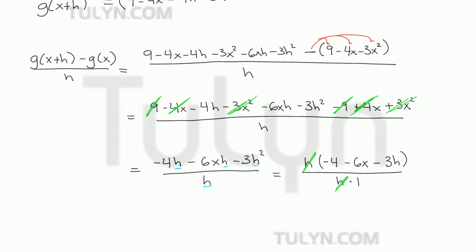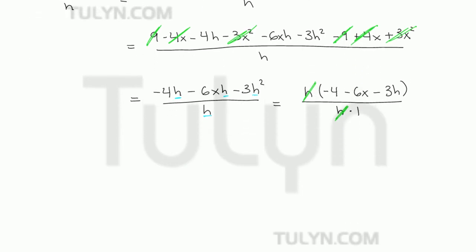Since they're related by product, you can cancel them out. And so finally what we're left with is negative 4 minus 6x minus 3h. Since there's nothing else we can do to combine, this is the final simplified form.